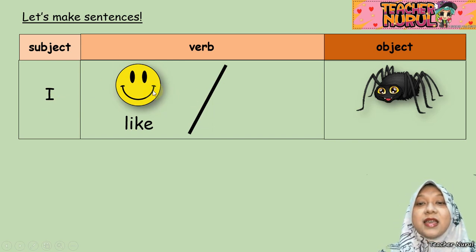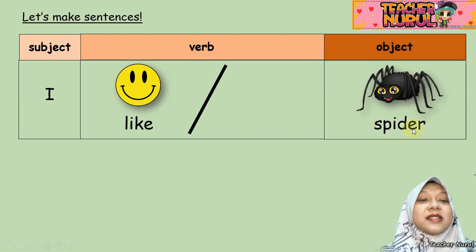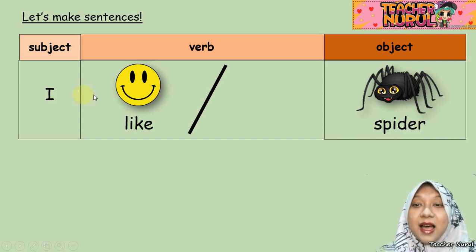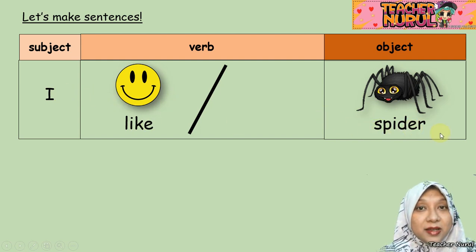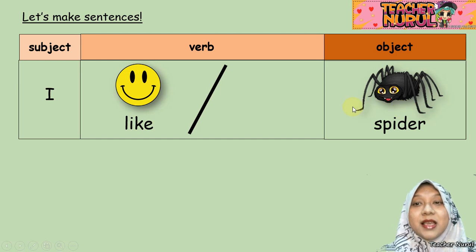So I like, with the smiling face. I like the object. What is the object? What do you like? I like spider. Let us put it in a full sentence.